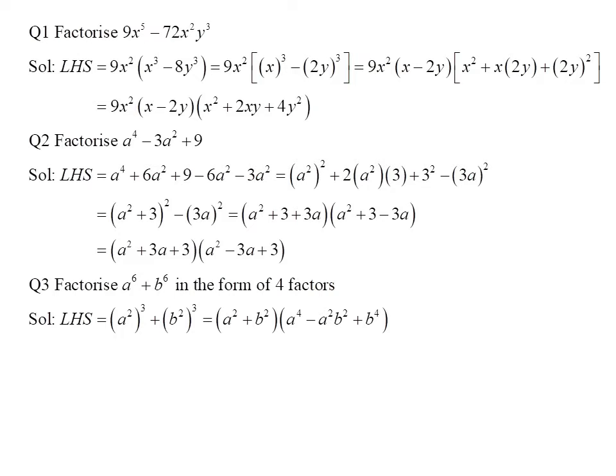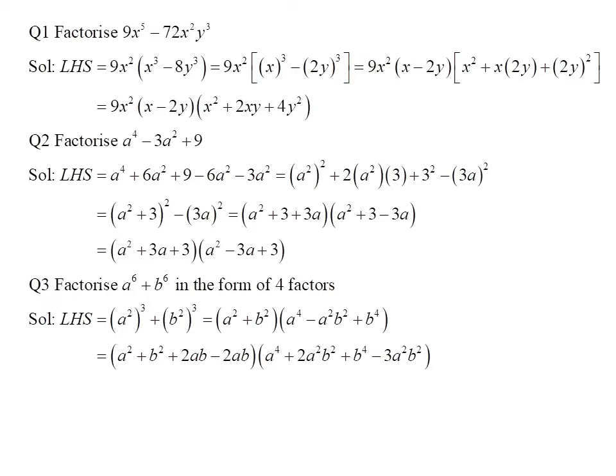So the original expression can be factorized using the sum of two cubes. It becomes (a squared plus b squared) times (a to the power of 4 minus a squared b squared plus b to the power of 4).